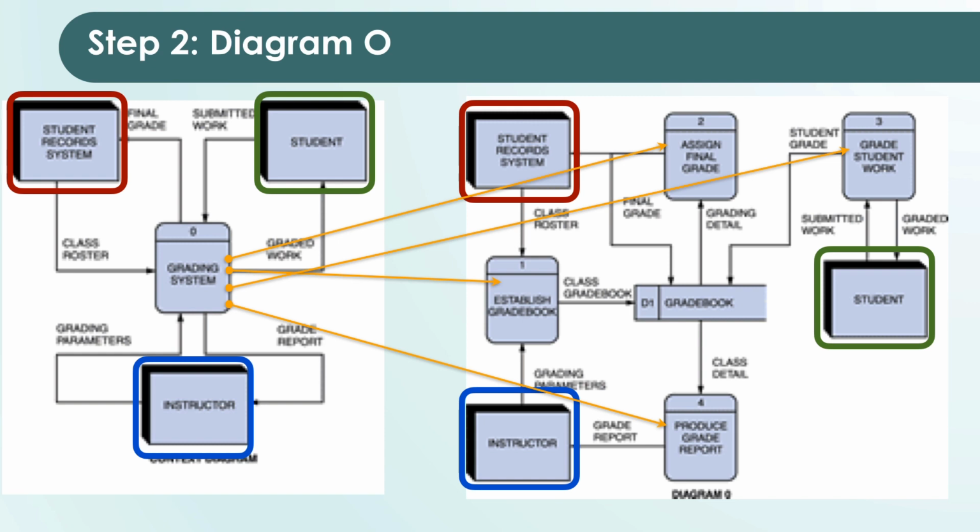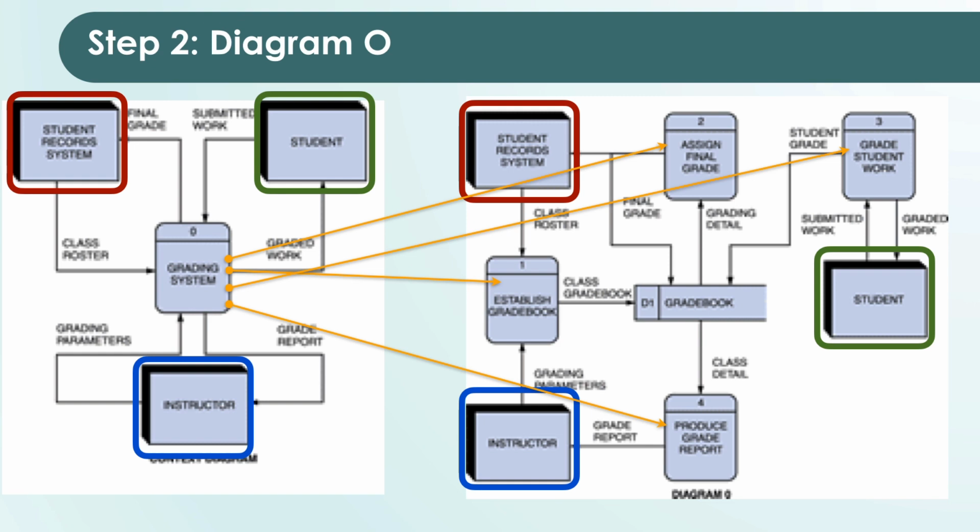I have marked all of the processes with the orange lines, where the grading system is a very general name of a system, because it's the name of the system. So what are the processes that need to be done in the grading system? In this example, there are 4 sub processes that need to be carried out in the grading system.